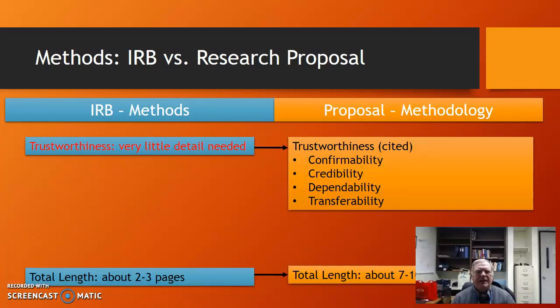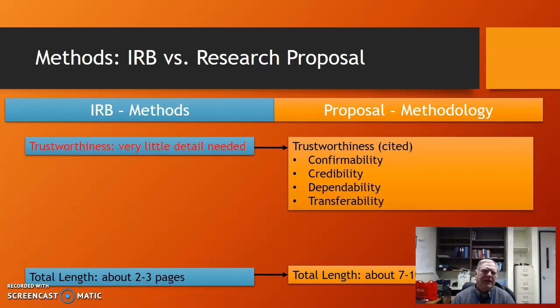Finally, there's a section in the proposal about trustworthiness. So how are you going to make sure that this study is really trustworthy, that people can rely on your data and your findings? And there are 4 sections to trustworthiness that most people accept, and those include confirmability, credibility, dependability, and transferability.